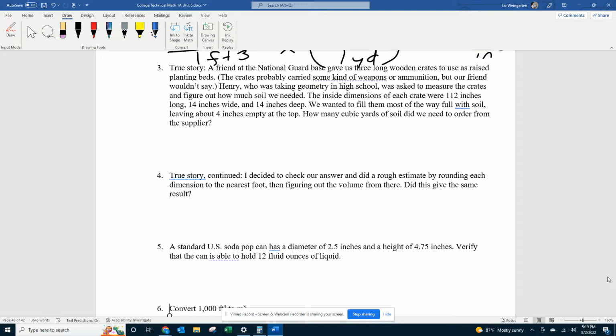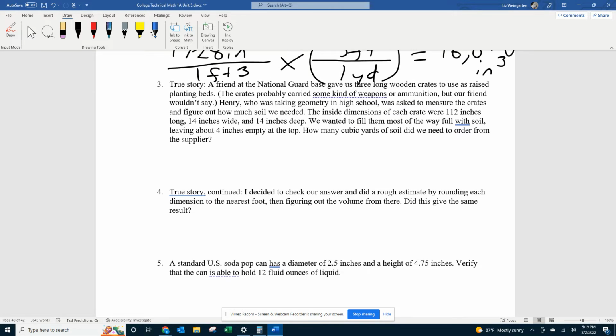So everything is perfectly legitimate, 112 inches long, 14 inches wide, but they only want 4 inches empty on top, so we're going to go 10 inches deep. So we have 112 inches by 14 inches by 10 inches.